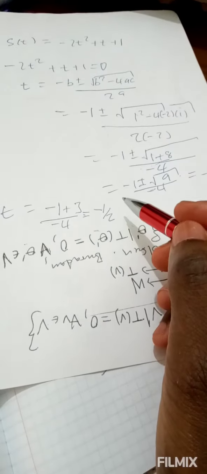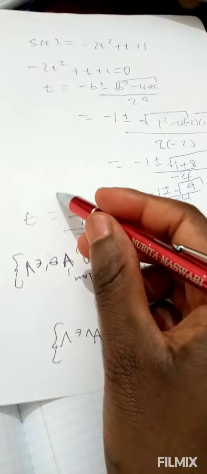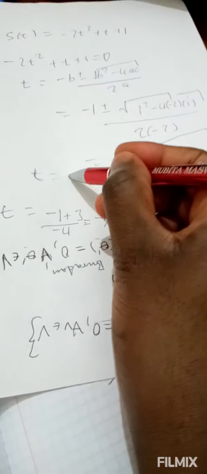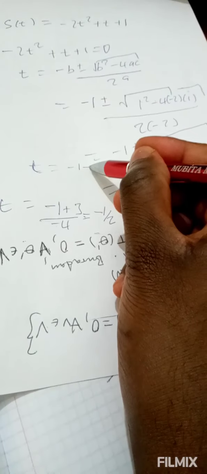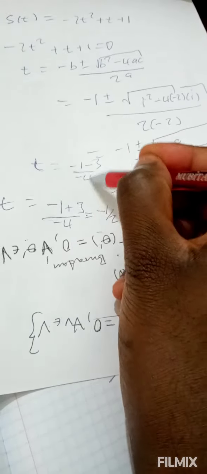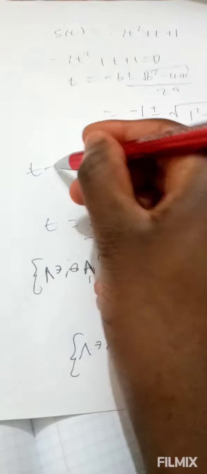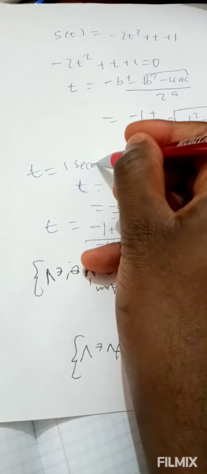Or t is equal to minus 1 minus 3 over minus 4. This will be minus 4 over minus 4, which is equal to 1. Time can never be negative, so we are going to take the positive one. So when the distance is equal to 0, time is 1 second.